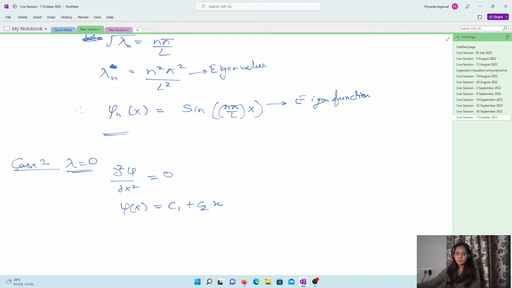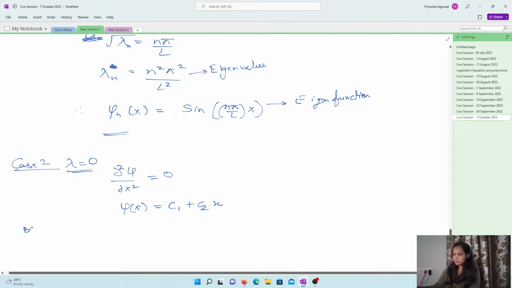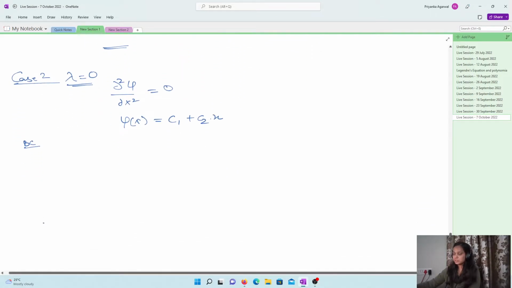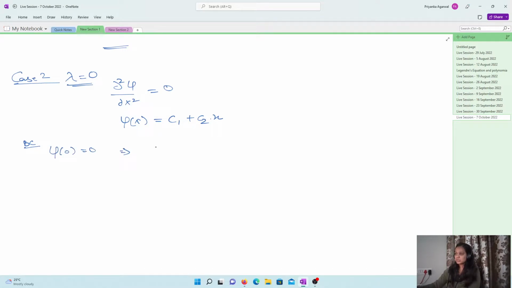Now if we apply the boundary conditions in this case, psi of 0 is equal to 0. So what will it become? c1 equal to 0. And another boundary condition is psi of L equal to 0, which becomes c2 into L, that provides c2 equal to 0.